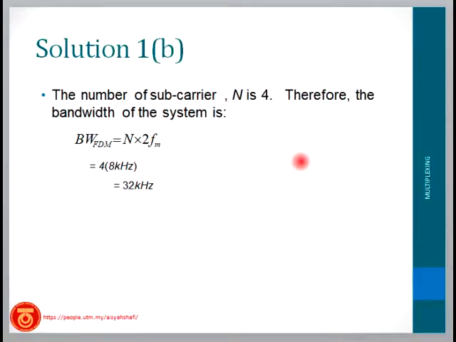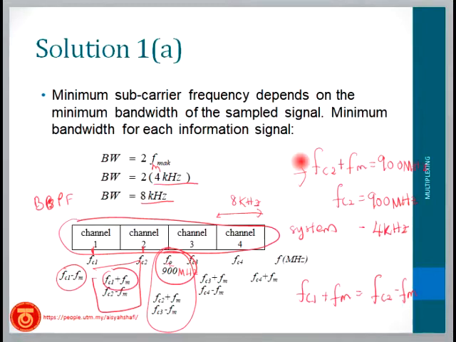question is the bandwidth of the system. Okay, this one is the bandwidth of the signal. This one is the bandwidth of each.